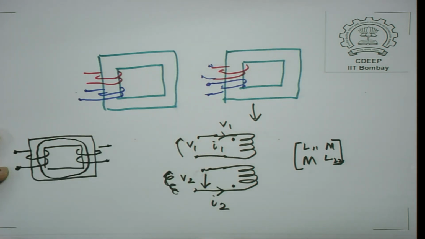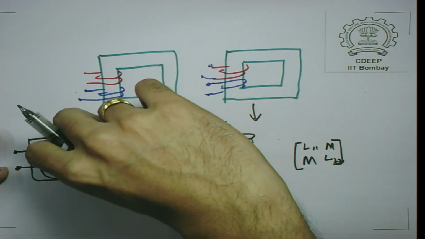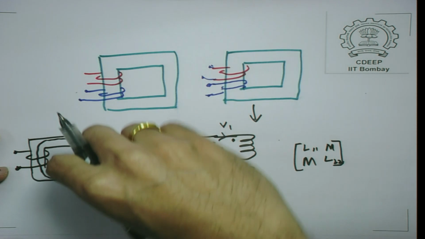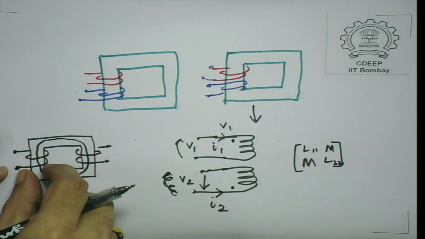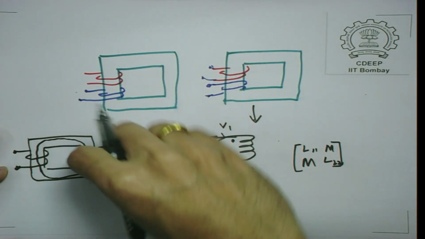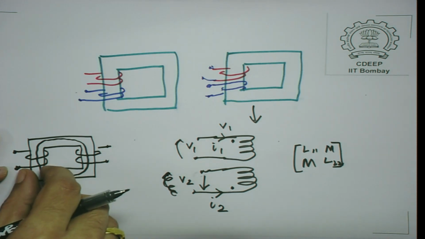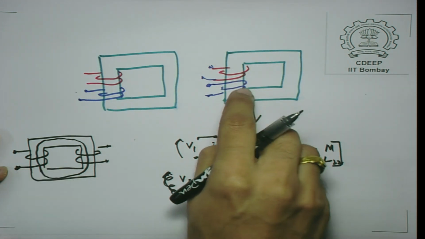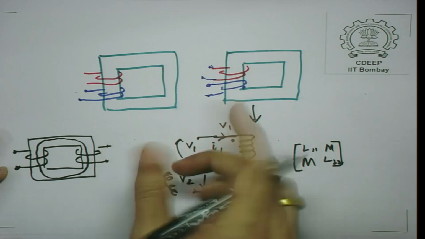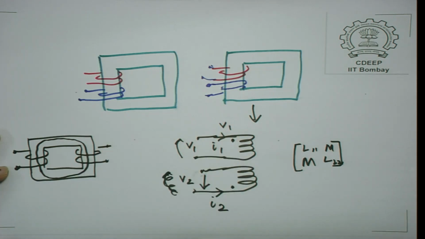Now, how do you decide on the dot convention in this case? Well, one of the ways to do it is to slide this coil, push it and bring it onto this limb. So, then it will look a bit like this, okay. So, that is how you know where you should place the dots.